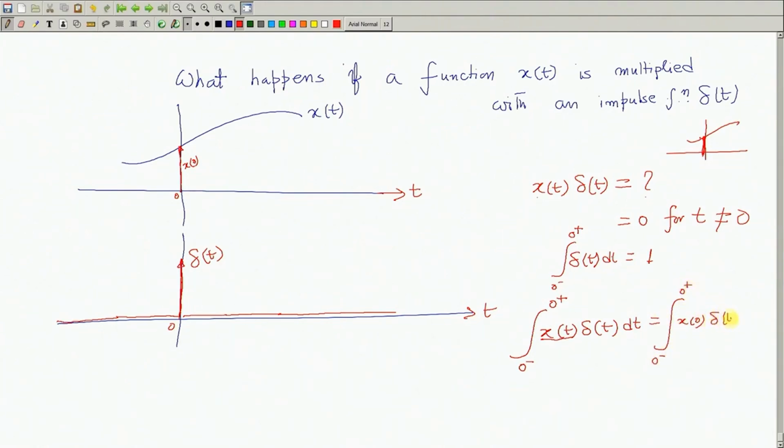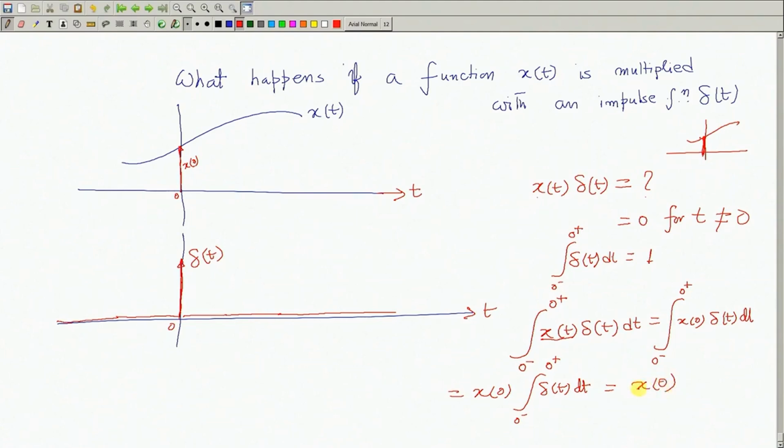And delta(t) dt. What is x(0)? x(0) is this finite value, and once it is there, you can take this x(0) outside and say integral from 0 minus to 0 plus of delta(t) dt. But this integral is 1, so this will give you x(0).